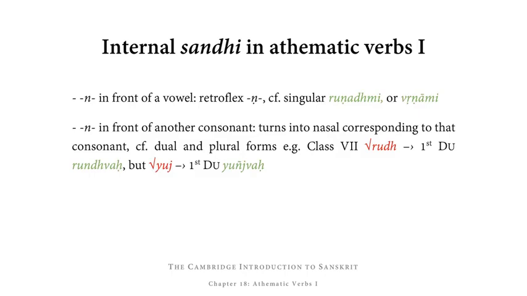So even though there is an R preceding, the N does not change into a retroflex N, because it is followed by a dental D, and so it just remains a dental N in front of the dental D. However, if an N is inserted in front of a consonant that isn't a dental, it turns into the nasal that goes with that consonant. So for example in yuj, meaning to link, we get a first dual yunjwach, and what's happening here is that in front of the palatal consonant j, the N changes into the palatal nasal ny, and so we have yunjwach.